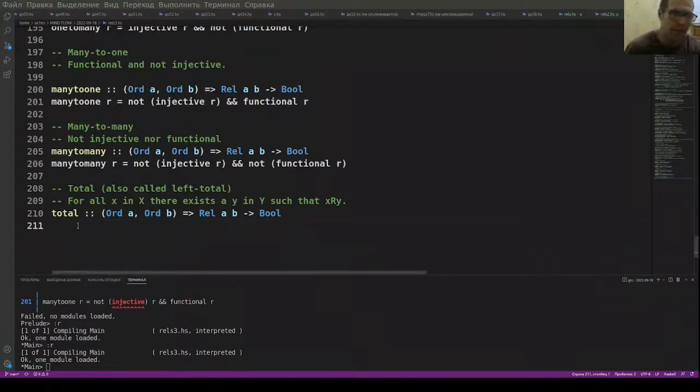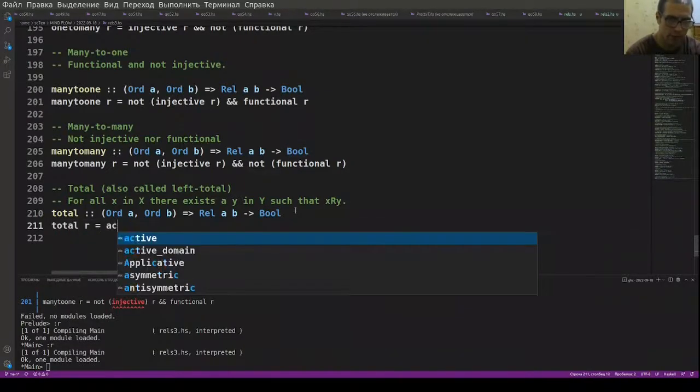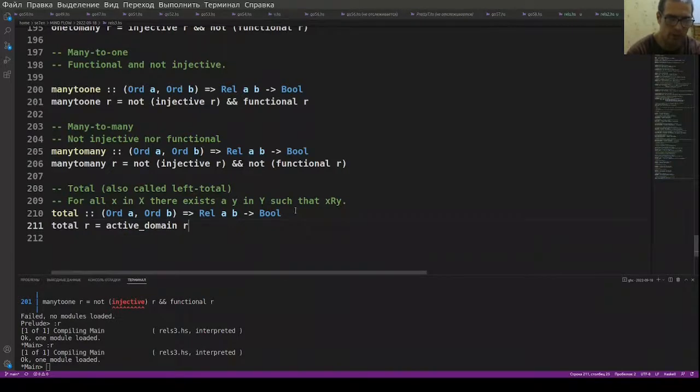So the next guy is total relation. This is somehow like a total function, that for all x it must be defined. So there must exist some y for this x. And I think we can very easily check this. We need to take this relation, take the active domain of this relation, and it is total if this active domain is equal to the domain of this relation.